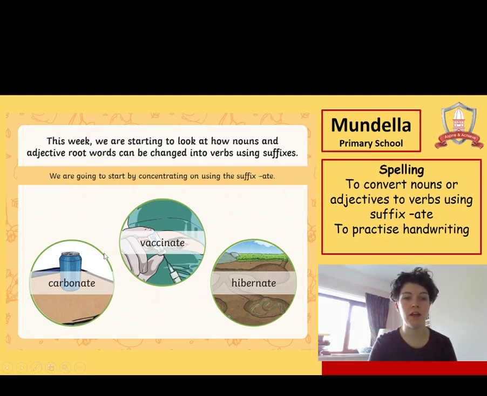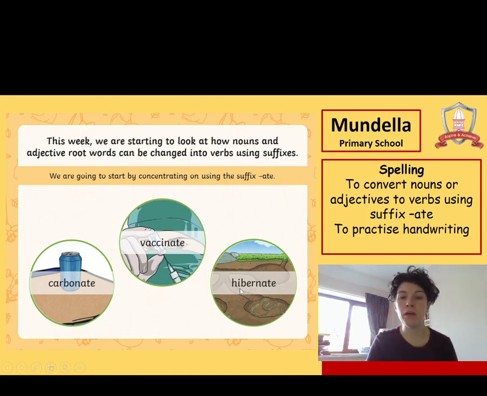Okay, so you can have a carbonated drink, a fizzy drink, carbonate. Vaccinate. Okay, so that's when you have an injection to prevent an illness. We vaccinate. Okay, so vaccine would be the noun. Vaccinate, we've added that suffix of ate to the end, and that's changed it to a verb.